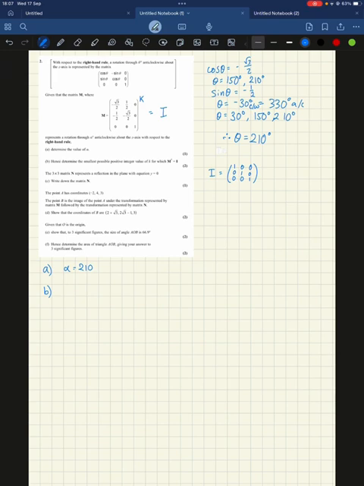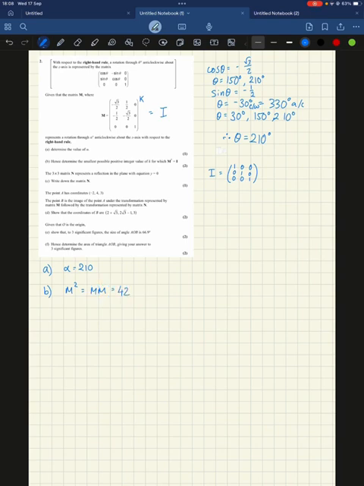Okay, so m, we know, is a rotation around the z-axis of 210 degrees anti-clockwise. So m to the power of k would be rotating 210 degrees anti-clockwise about the z-axis k times. If we had m squared, well, that's m times m, which is 210 degrees, 210 degrees.